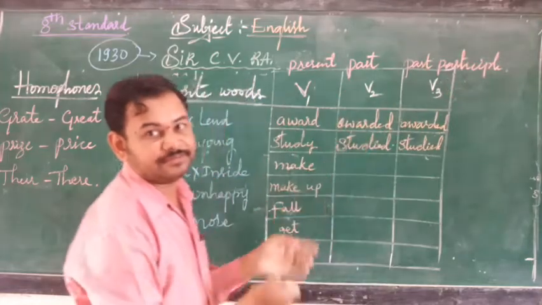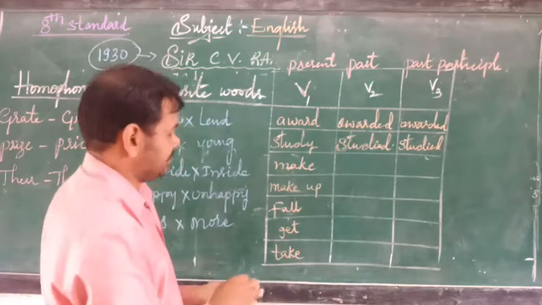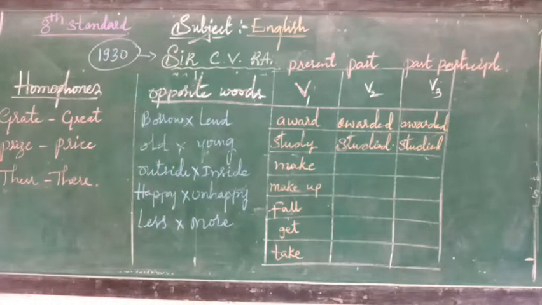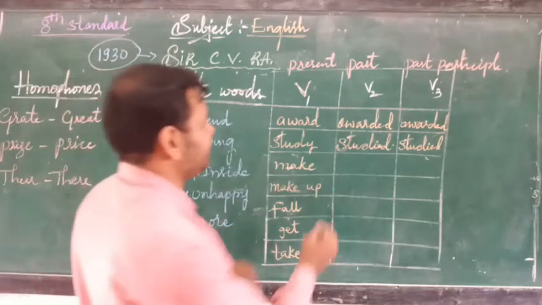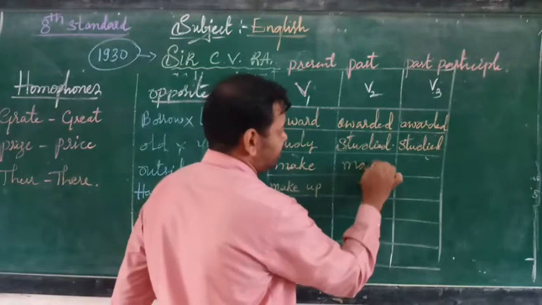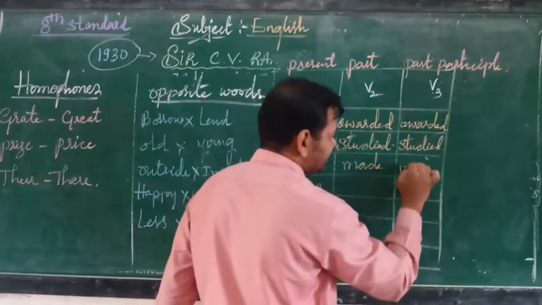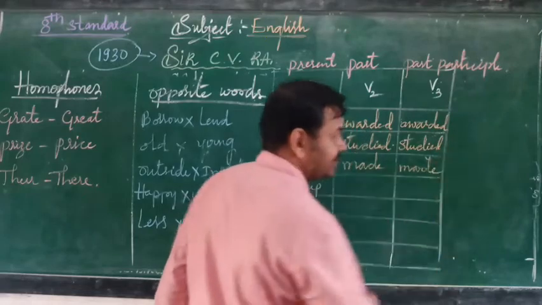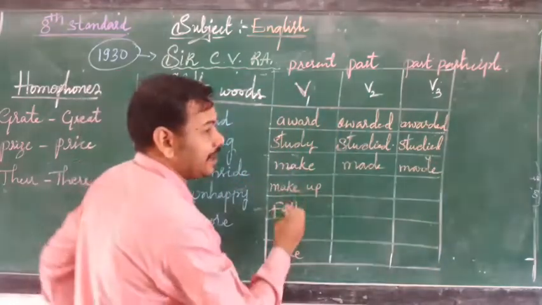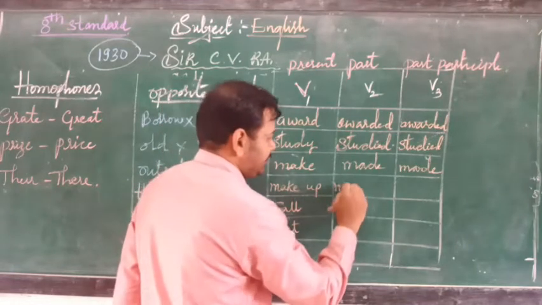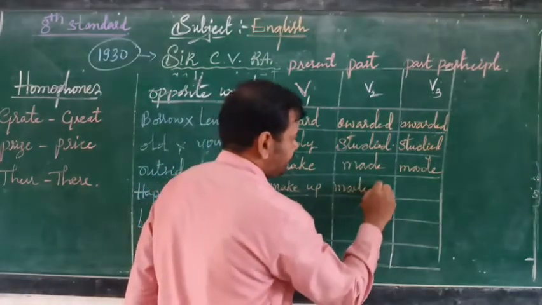Got it? Then, likewise, make. See, change into past tense. Make, yes, made. M-A-D-E, made. In past participle, it remains like made. Got it? And then next, make up. It is in present. In past tense, it will become made up.